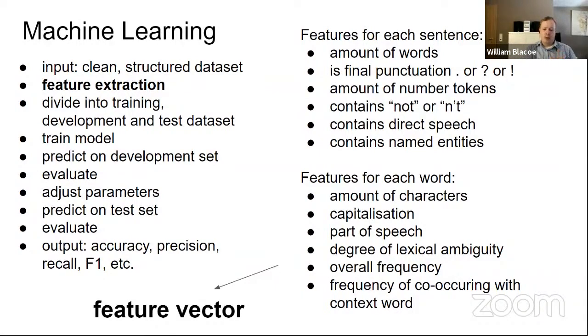Okay, then you divide the data points into 3 parts: the training set, which is a large portion, and then 2 smaller portions for developing the algorithm, and then testing the algorithm to see how close it comes to human annotations.